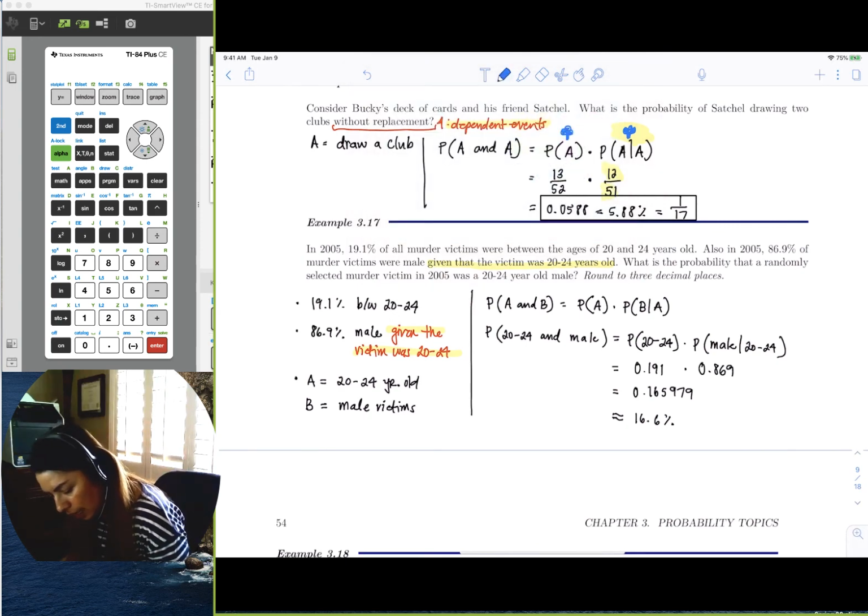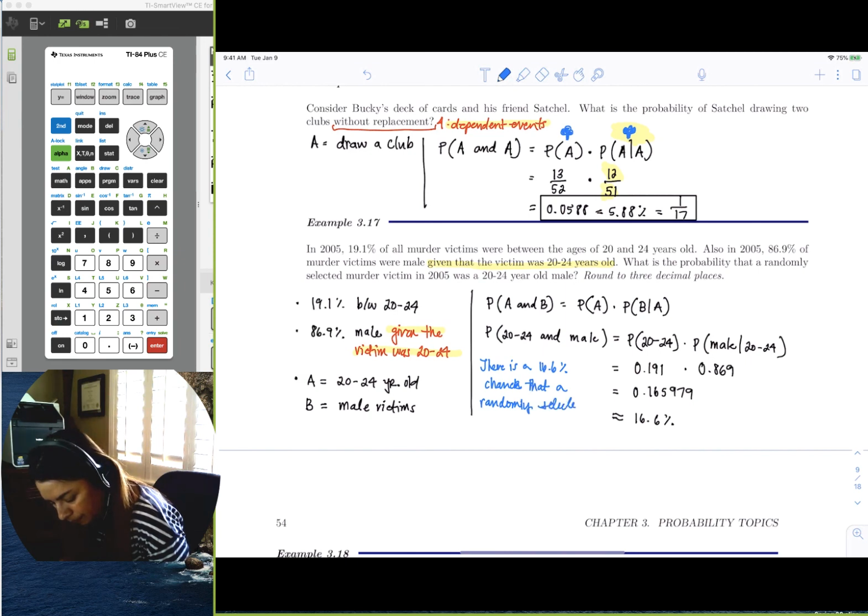We would say that there is a 16.6% chance that a randomly selected murder victim in the year 2005 was a 20 to 24-year-old male.